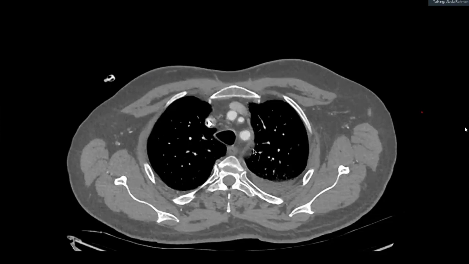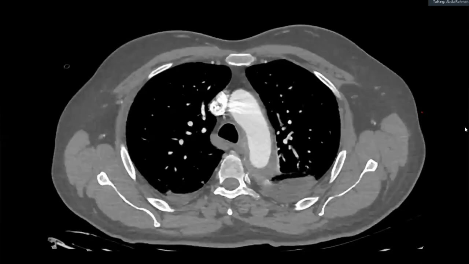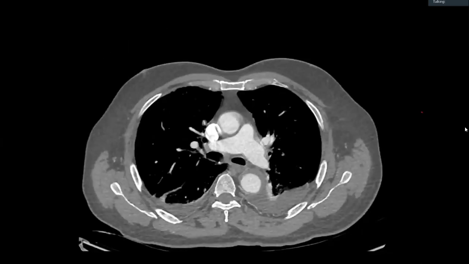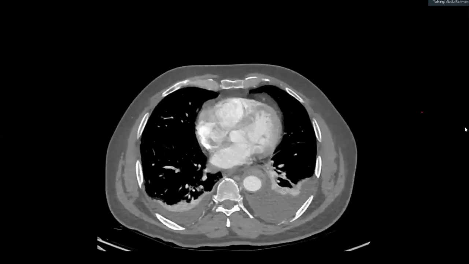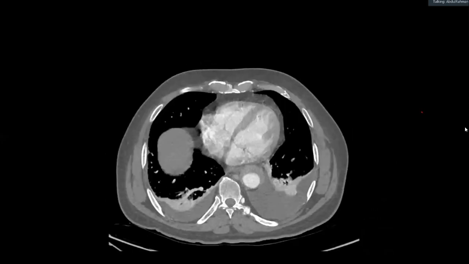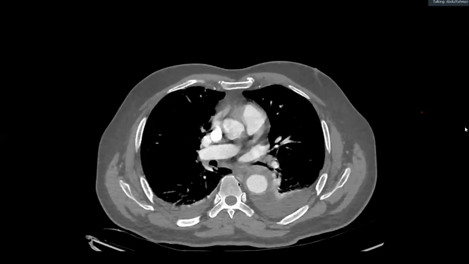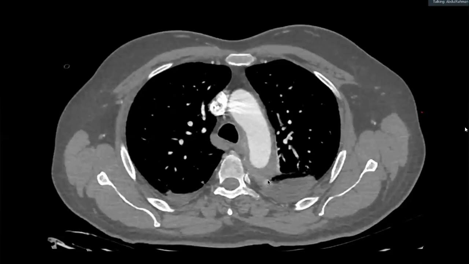The reason why I'm showing you this is that you might be viewing it on a device where it is difficult to appreciate. But if you just focus on the aorta, there is a constant crescentic density, almost circumferential, surrounding one side of the aorta, and it is constant in its appearance.